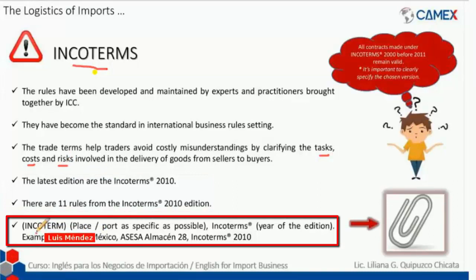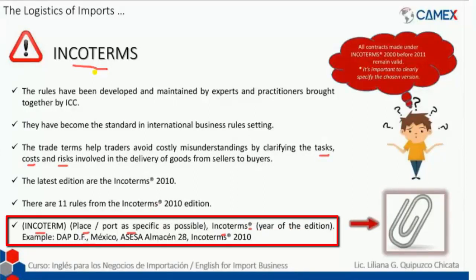You write the Incoterm rule that you're going to use, then you put the place or the port as specific as possible, and then you put a comma, and then you put the word Incoterms using the trademark symbol, as you can see here, that is the little R with the circle, and then you write the year of edition.